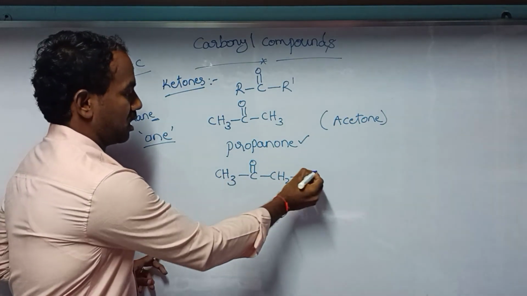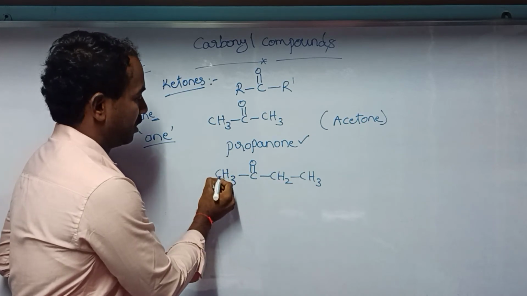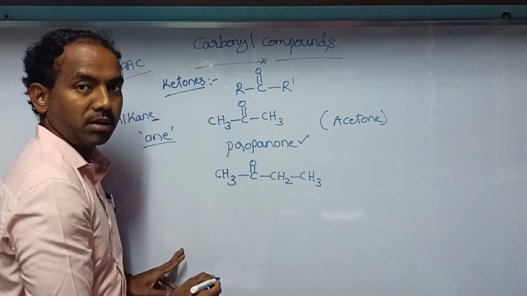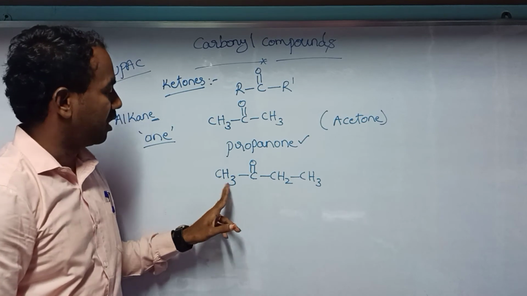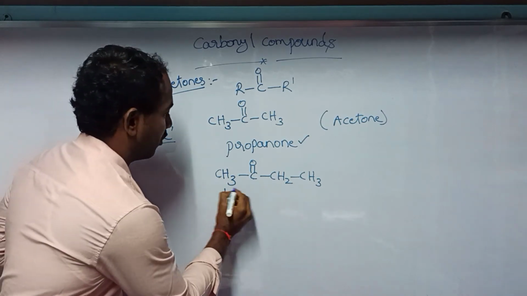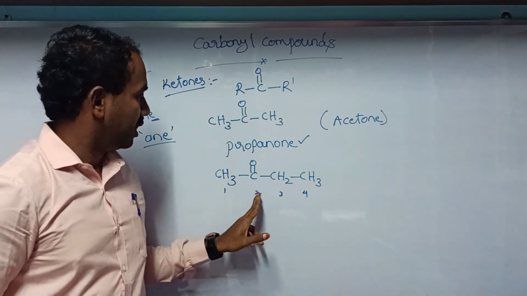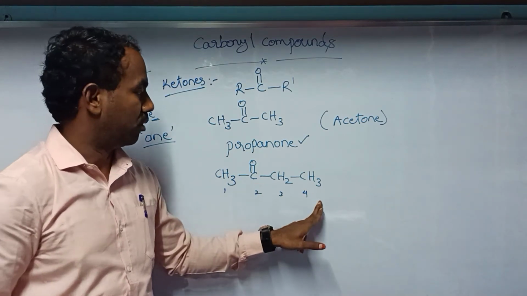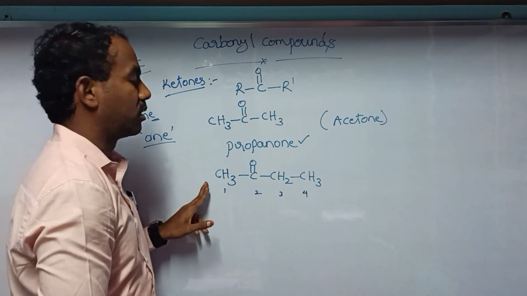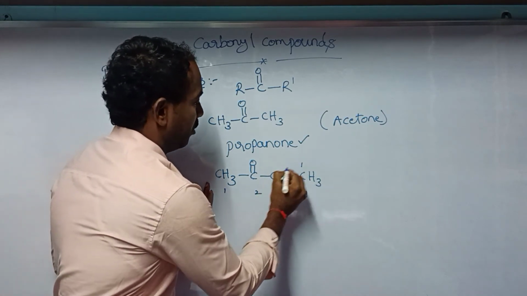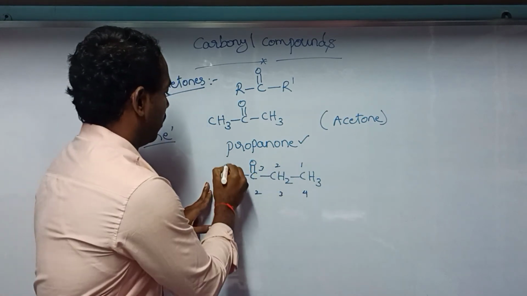This is your longest hydrocarbon chain with how many carbons? 1, 2, 3, 4 carbon atoms. I am numbering from left to right, 1, 2, 3, 4. Similarly, if you assign the numbering from right to left, it also becomes 1, 2, 3, 4.